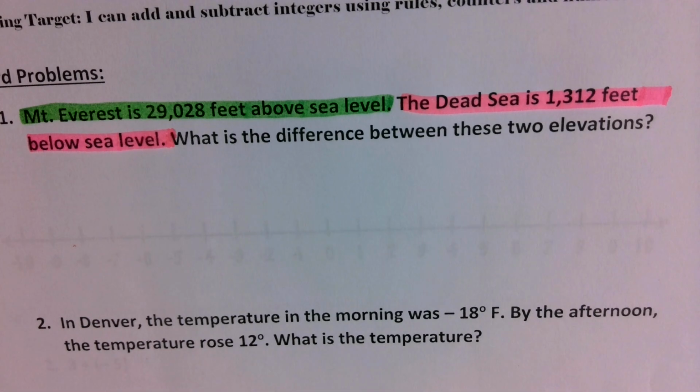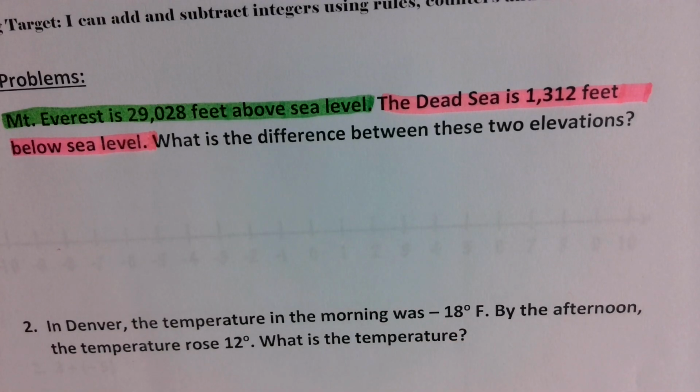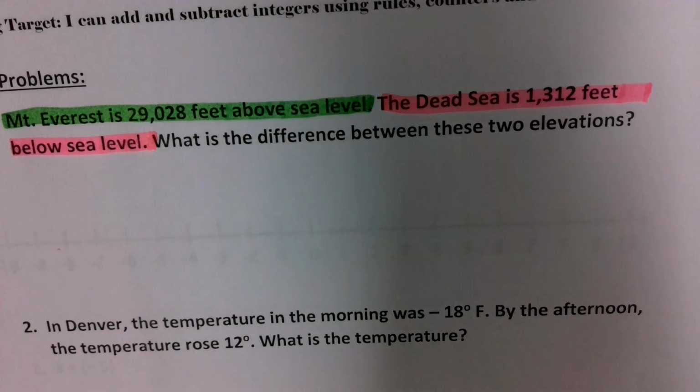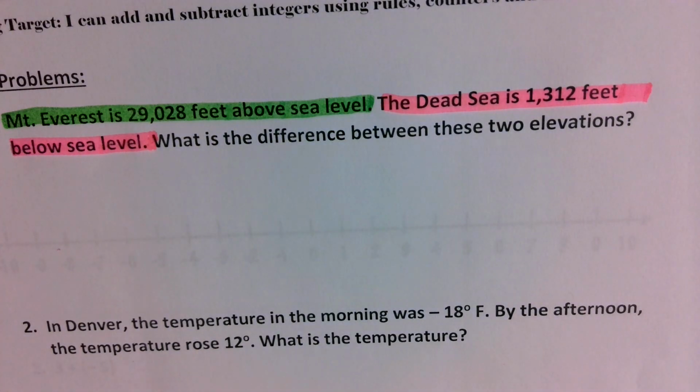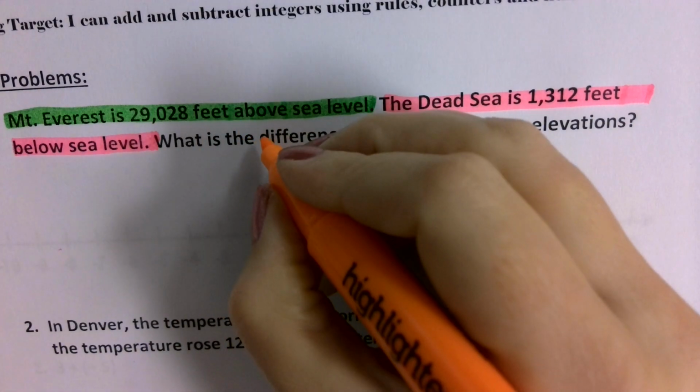But the Dead Sea is below sea level. Now, what is the difference between the two elevations? So that word difference. Who can tell me what operation is difference? Who have I not called on before? Are you Zachary? Okay, Zachary. What is difference? Subtraction.